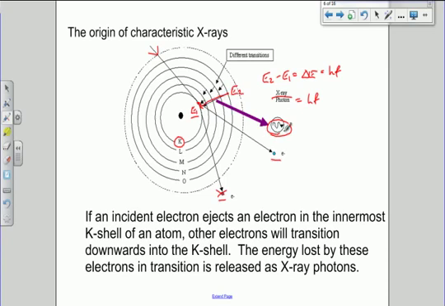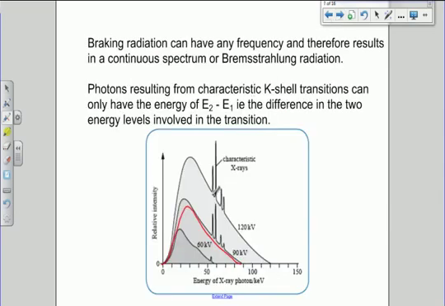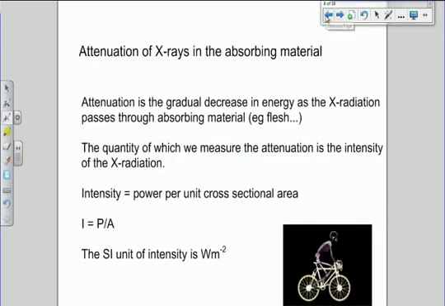The energies produced here have discrete values because we're moving from one energy shell to the other, and so that's why you get individual frequencies produced, and each of these spikes corresponds to a different transition downwards into the K shell. So this will be from one energy level down to the K shell, and this will be from another energy level down into the K shell. So the K shell ionization transitions result in these spikes, and the breaking radiation results in this continuous spectrum because it can have effectively any value. Okay, and that's it.